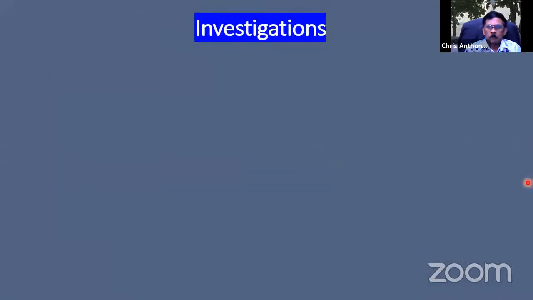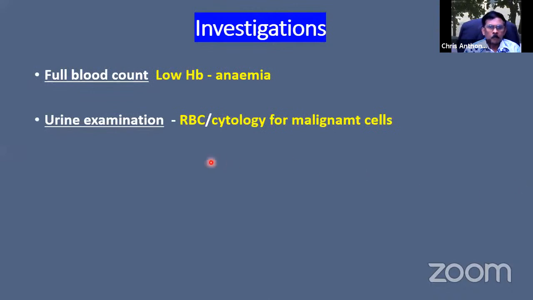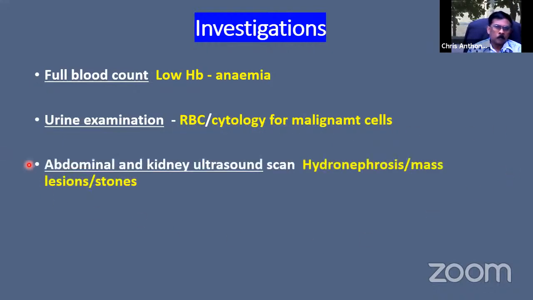Investigations that you can do for patients with renal cell carcinoma. First you have the full blood count. You look for low Hb and anemia, and urine examination especially for cytology, where you look for positive malignant cells. Others include abdominal and kidney ultrasound, looking for hydronephrosis, mass lesions in the kidneys, and also the presence of stones.